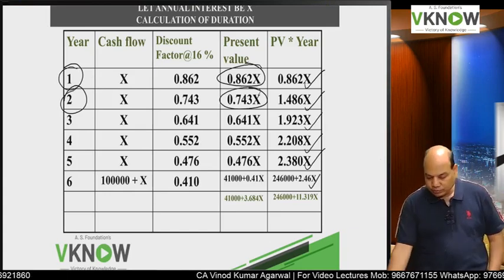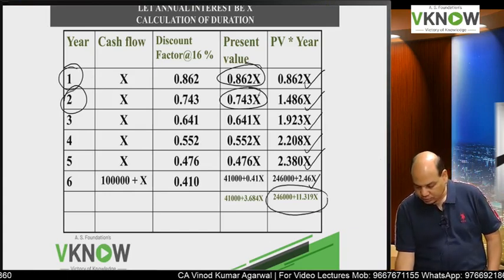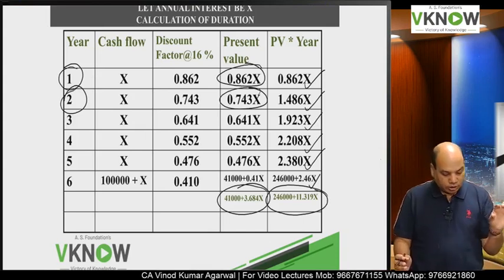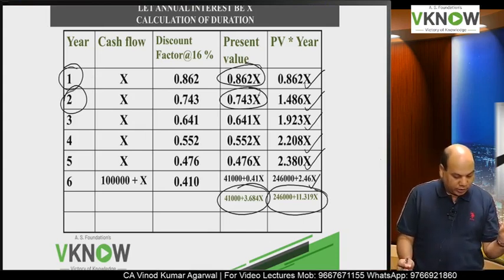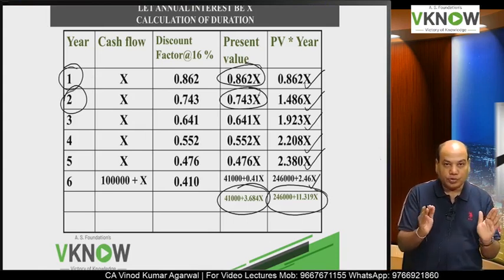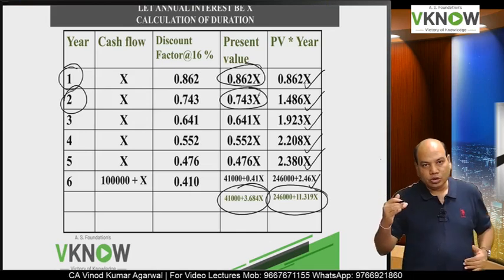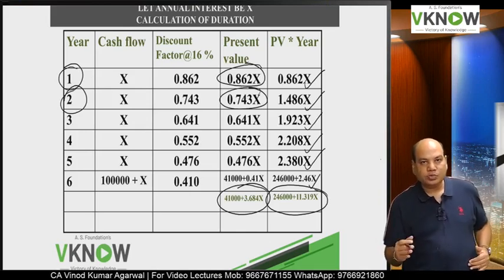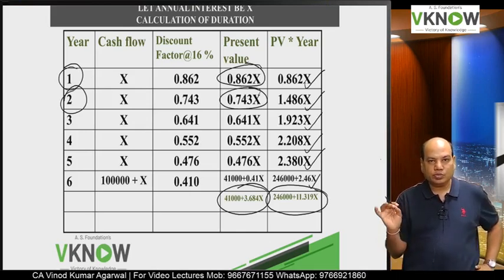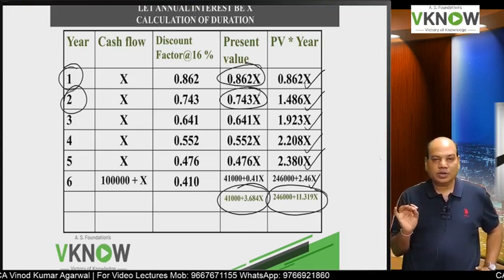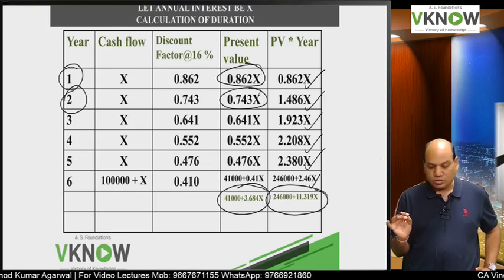Now what we'll do? This divide by this is duration, which is to be equated with the duration given in the problem, 4.3202. So the total of last column divided by fourth column total is equal to 4.3202, and then you will be able to get the value of X, but that is not the answer, that is the coupon amount.